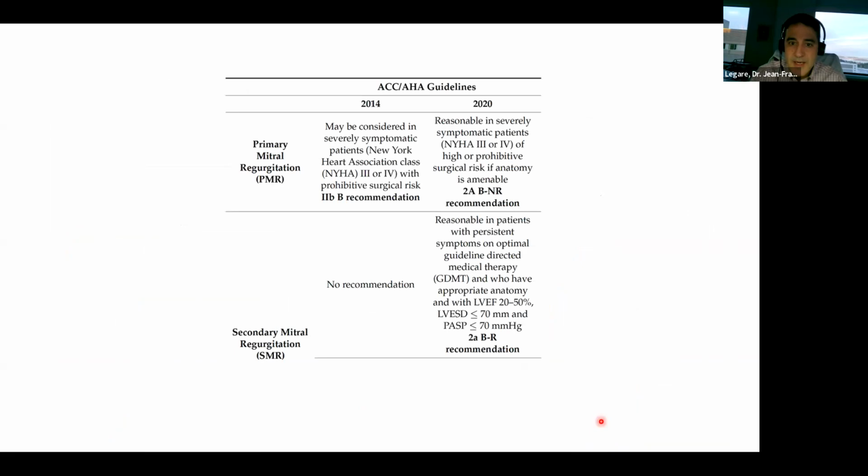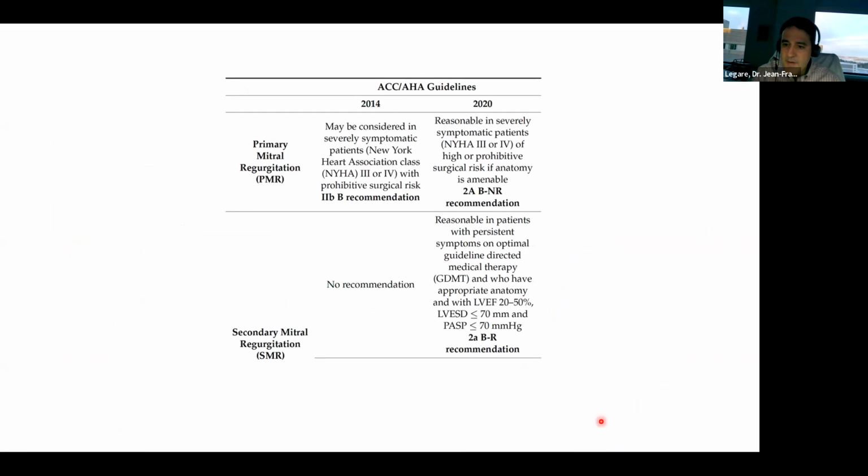Recent guidelines, 2020, just again to illustrate the big difference between previous guidelines from 2014 and 2020, is that there are now clear 2A recommendations for primary mitral insufficiency. That's a leaflet problem. It is reasonable in severely symptomatic patients with high or prohibitive surgical risk.